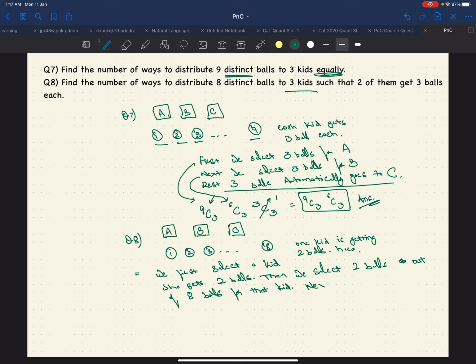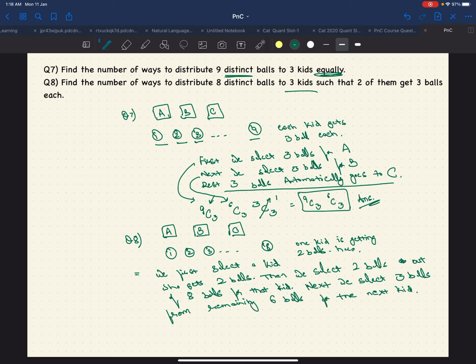Next, we select 3 balls from the remaining 6 balls for the next kid, and the rest 3 balls will automatically go to the last kid.